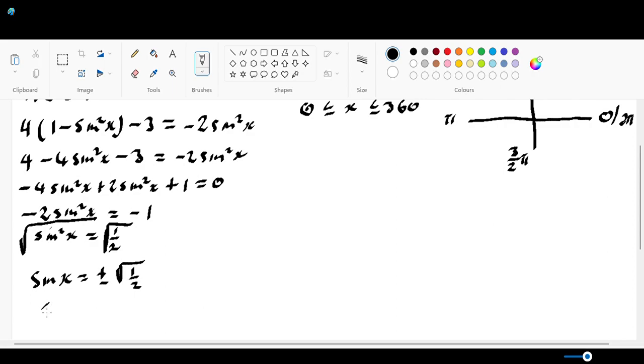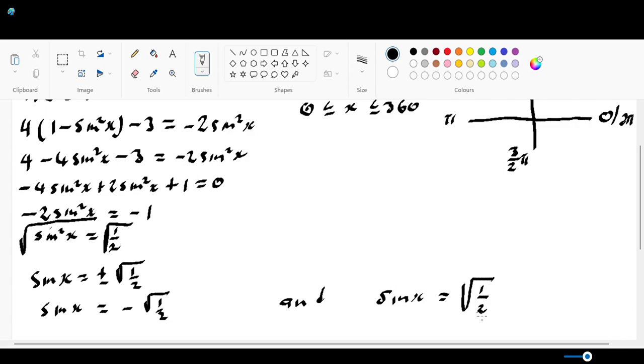Now we know that plus or minus basically means sine x is equal to negative square root half, and sine x is equal to positive square root half.